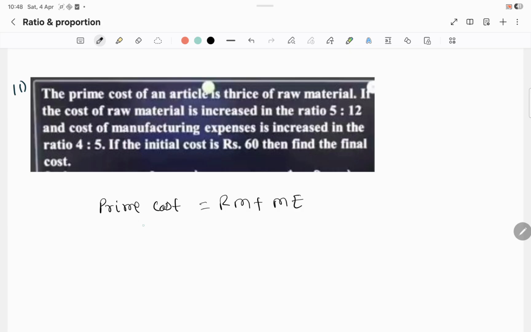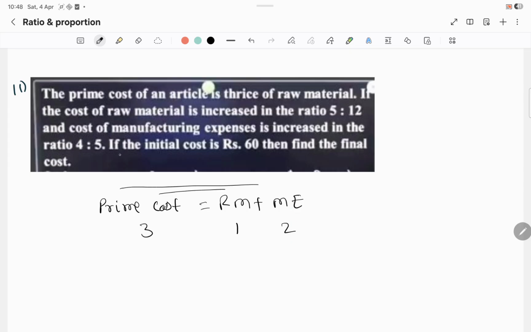This prime cost is 3 times of what? Raw material. Means material expenses must be 2. But this formula you have to remember: prime cost will be raw material plus manufacturing expense. They are saying this prime cost is 3 times of raw material, then material expense must be 2 parts.